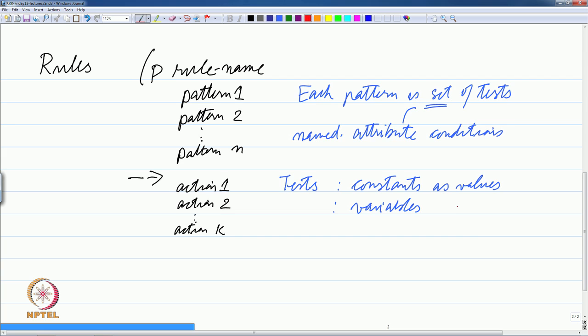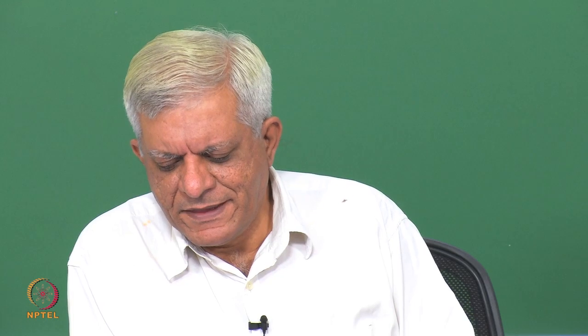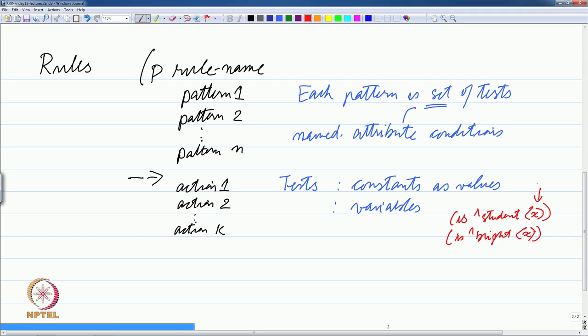So, we had seen in one of the earlier classes a rule which said, for example, if student x is bright x, if you have two such patterns in a rule, then they both use the same variable name, so this must be the same value.